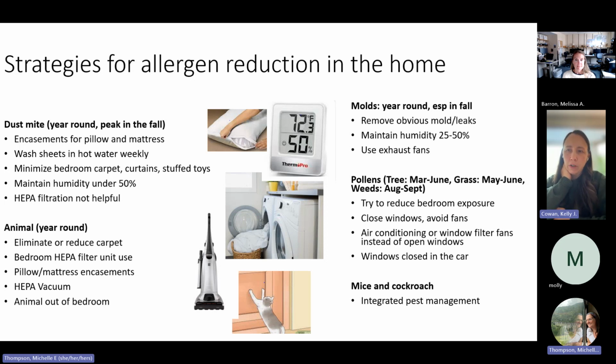Minimizing the bedroom carpet, curtains, and stuffed animals. Dust mites like humidity, so maintain the humidity under 50%. HEPA filtration isn't helpful here because these are surface critters. And when we talk about humidity, this little picture here that has the numbers on it is a hygrometer. That's one inexpensive device that families can use.